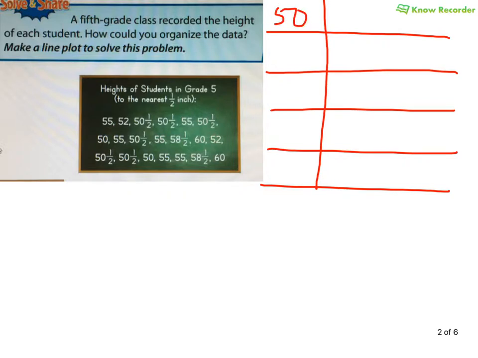So now I'm going to take a little walk through this information again. I'm going to find all the 50s. So I see 150, and I would stop. I'd put a single line through it so I could still see it, but I know I used it. I'm going to put a tally in the frequency table. Then I'm going to continue. I might even start back at the beginning of the line, right? Look for any other 50s.